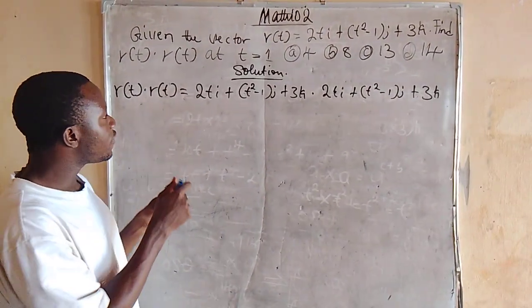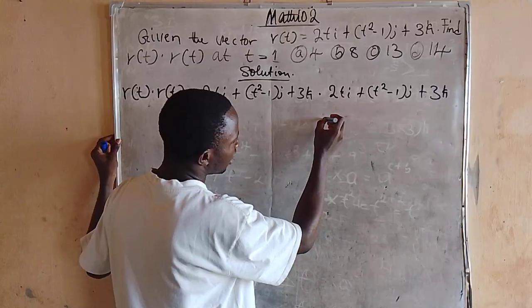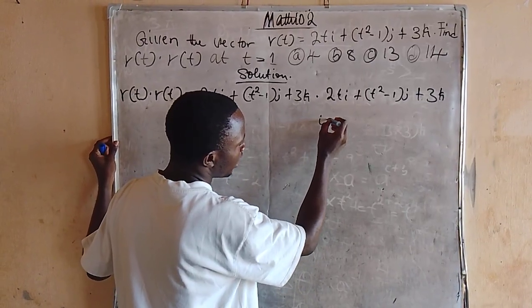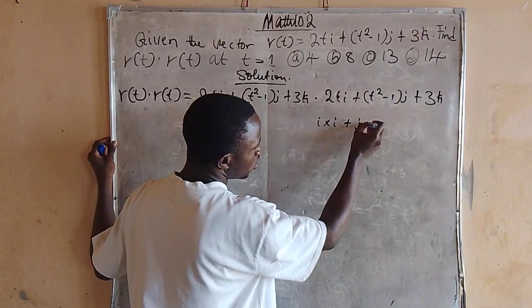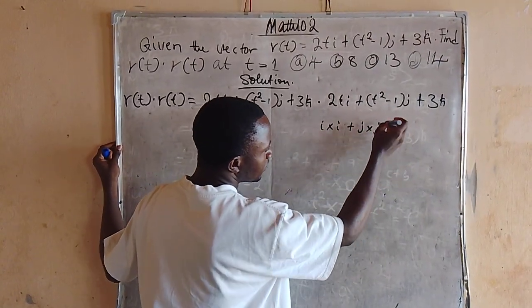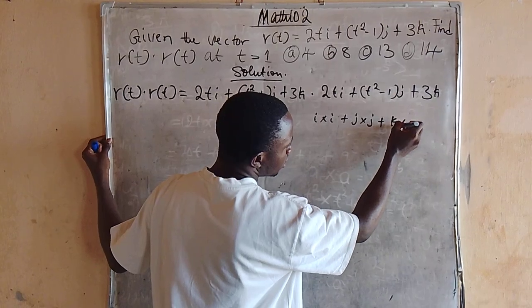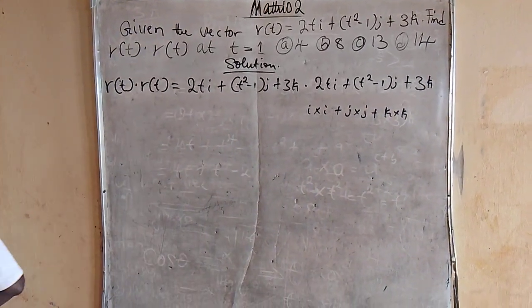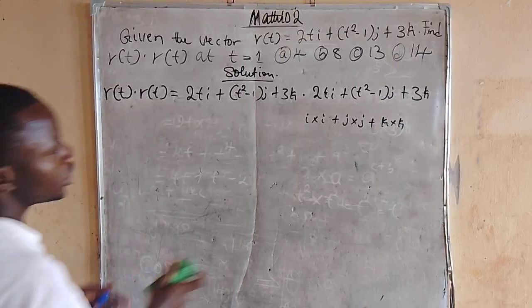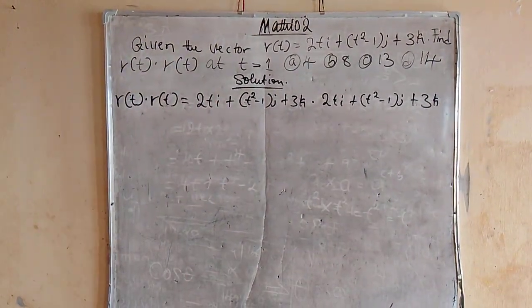When you are multiplying vectors, multiplication follows this pattern: the i component multiplies the i component, the j component multiplies the j component, and the k component multiplies the k component. This is the pattern we are going to use.